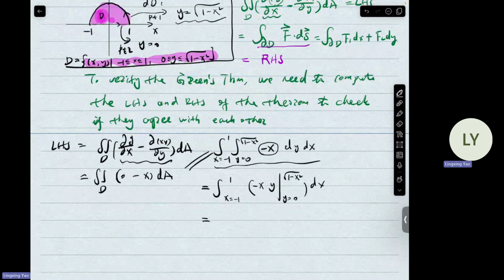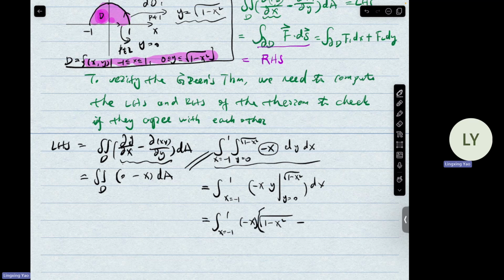Okay, so we got to plug in negative x times y. Here y is 1 minus x squared, and then minus 0.